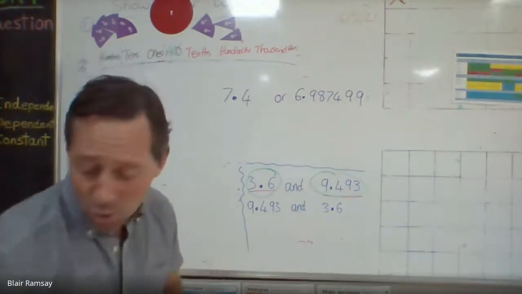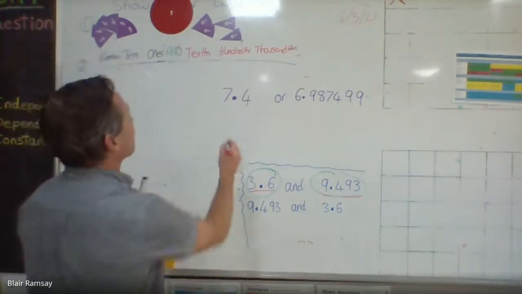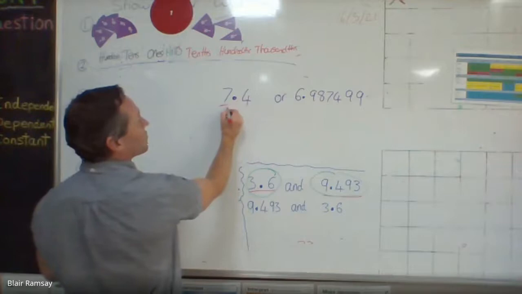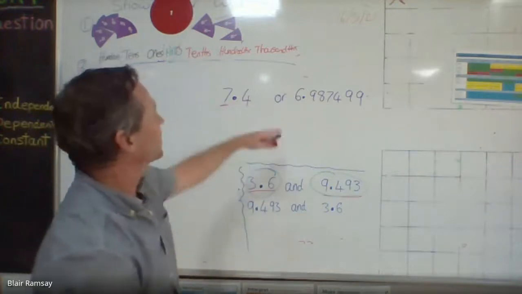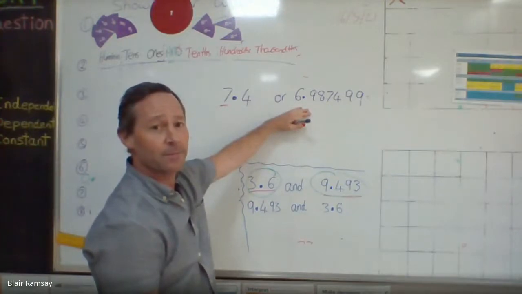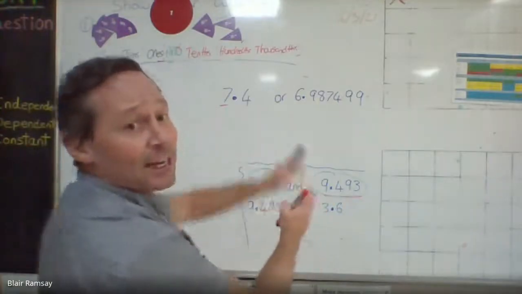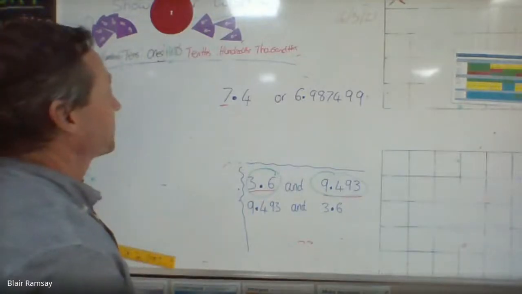So my first point would be to look at the very first digit. I can see that 7 is in front of the decimal. Anna, which digit over here is in front of the decimal? 6.987499. Yep. And which one of those digits is on the left of the decimal?